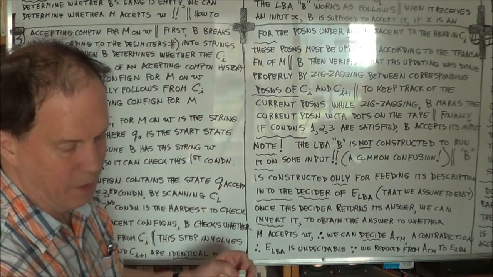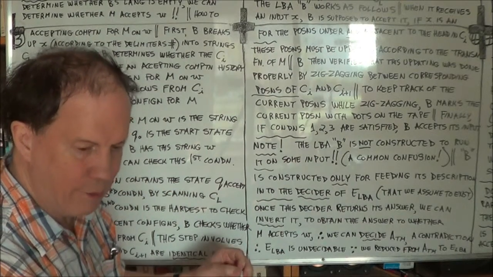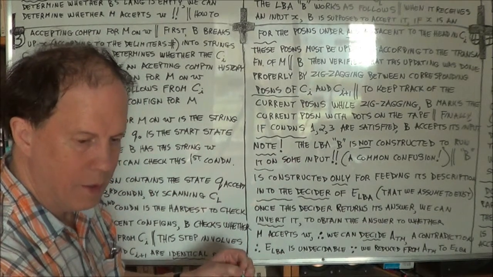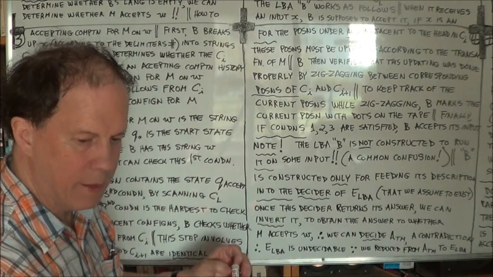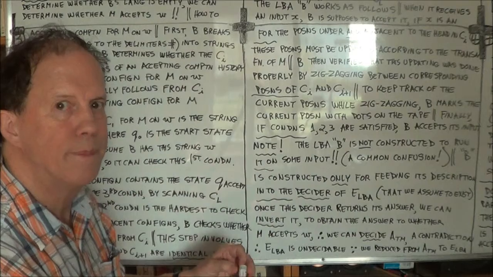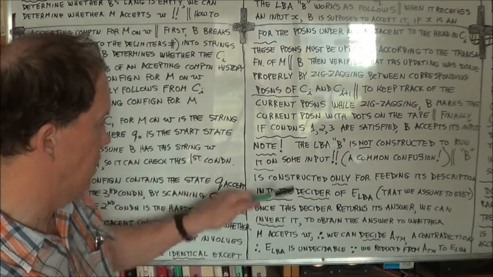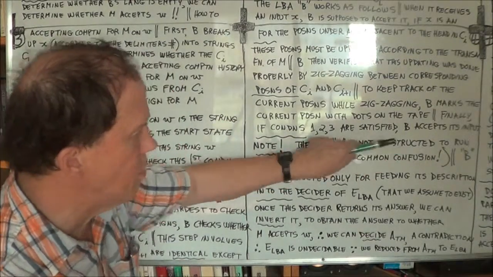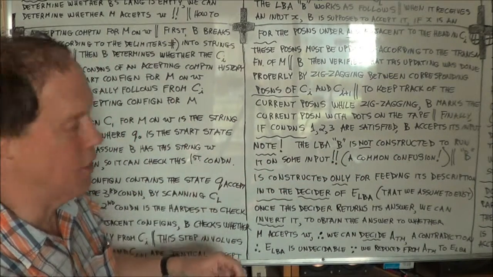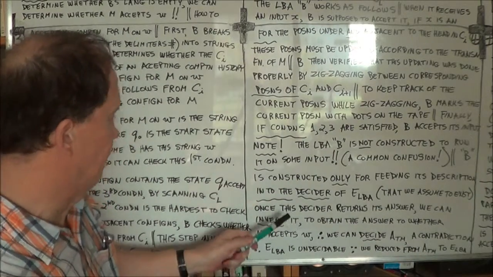It got built so that its encoding can be fed into the Turing machine that decides the language ELBA. Note that's another complication. Like I say, the proofs are getting harder.